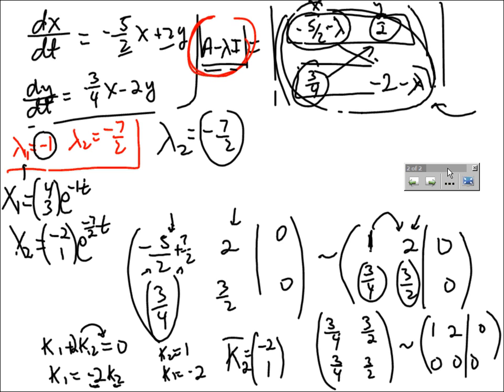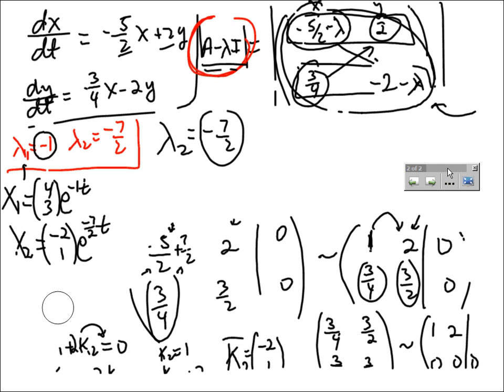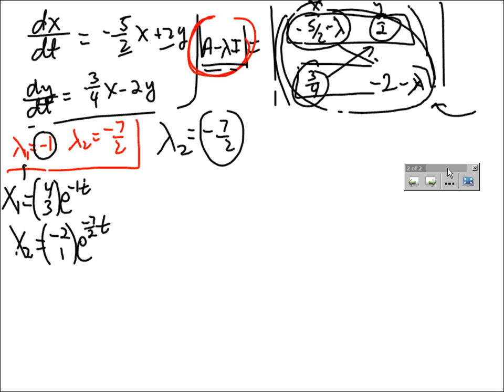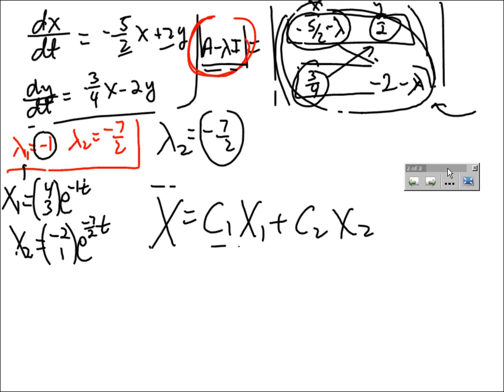And now I can write down what vector x is. Vector x is a linear combination of x1 and x2. The constant multiple of x1 plus the constant multiple of x2. Those are vectors.